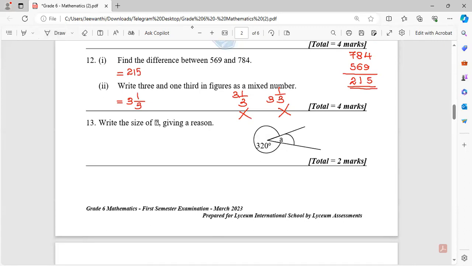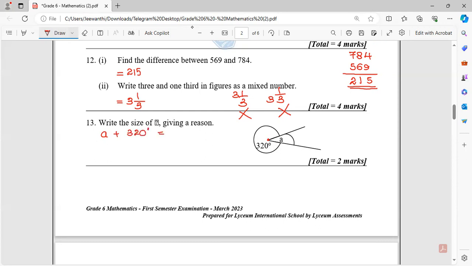You want to find the size of angle A. How do you find that? You can see here, this is a point. Then I can write A plus 320 is equal to 360. What is the reason to write it like that? So I write angles at a point.